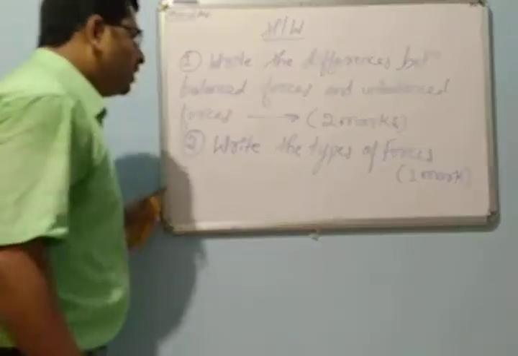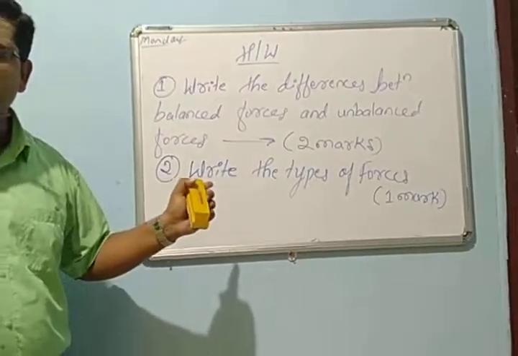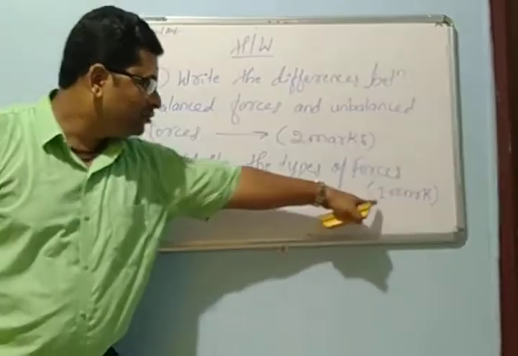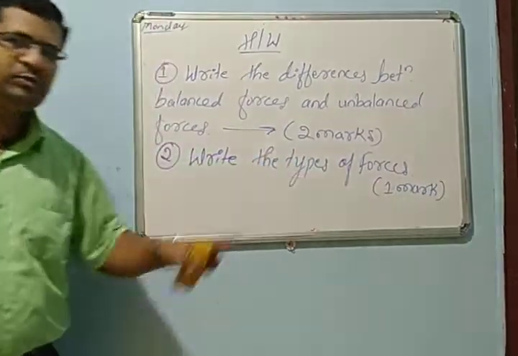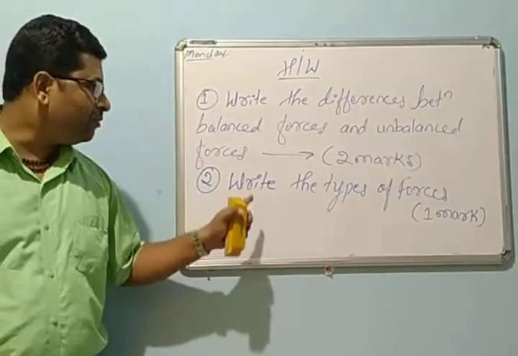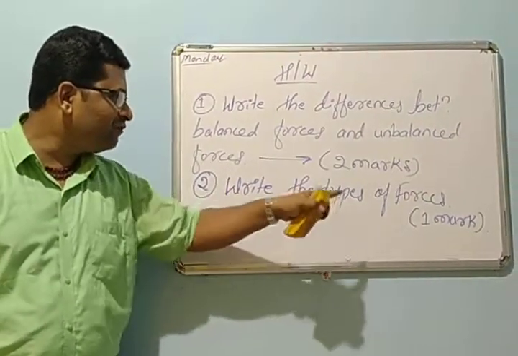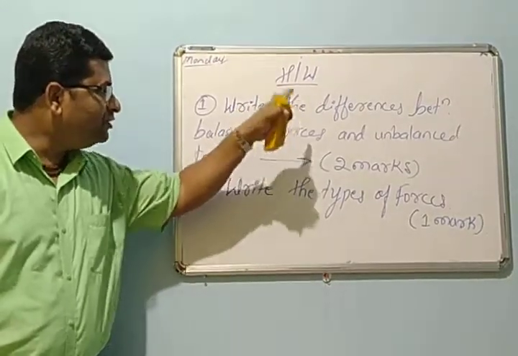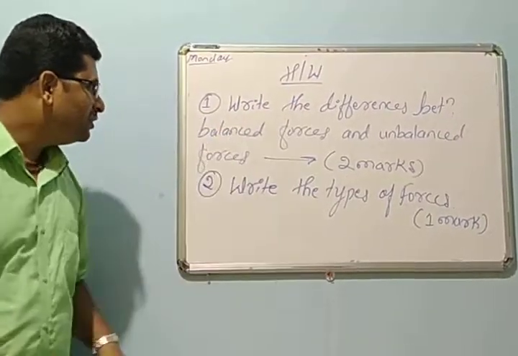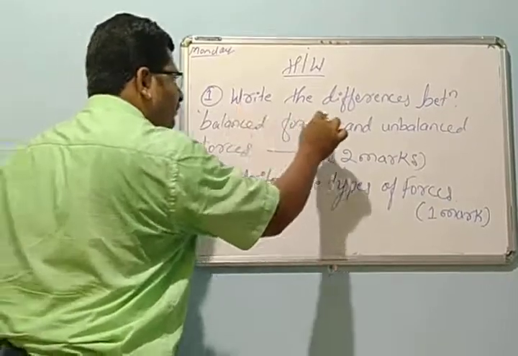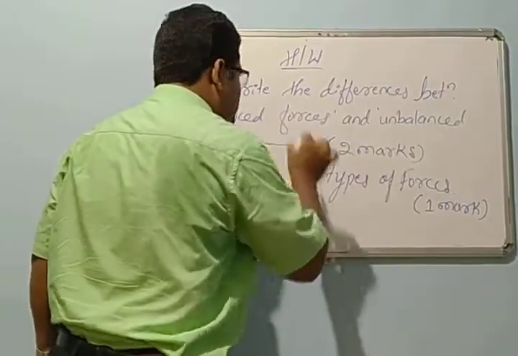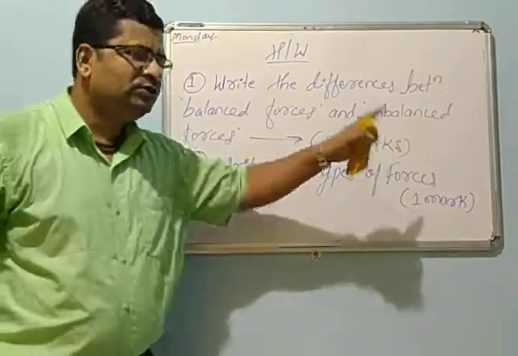So what are the types of forces? Balanced forces and unbalanced forces. If you write that much, it is possible to get the complete 1 mark. So write the types of forces, 1 mark, and write the differences between the balanced forces and unbalanced forces, the question will be of 2 marks.